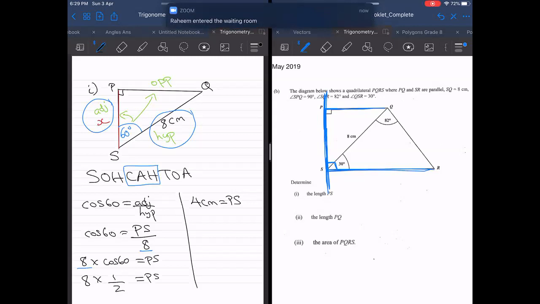If I was to think about it, I would say 30 plus what number gives me 90. So that's how I knew that inside here was 60.